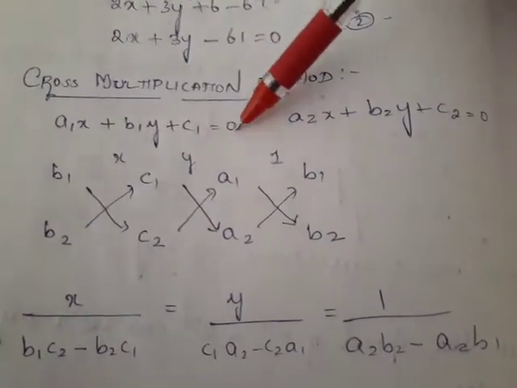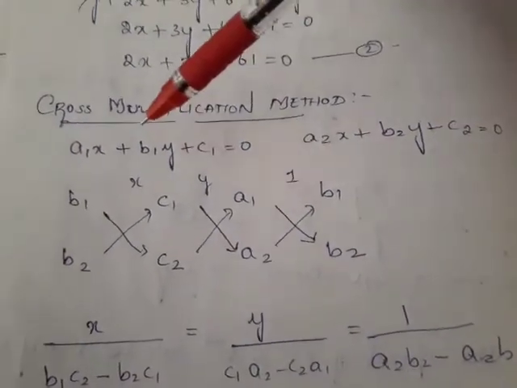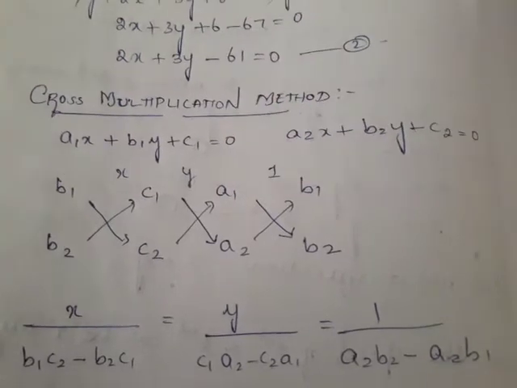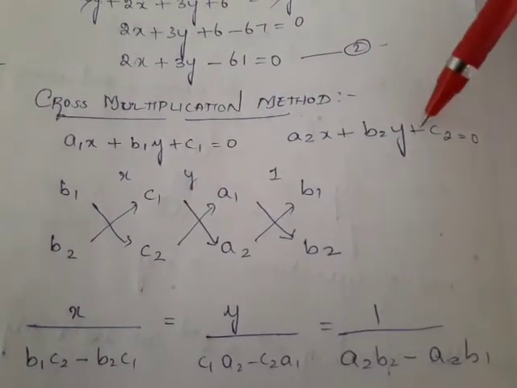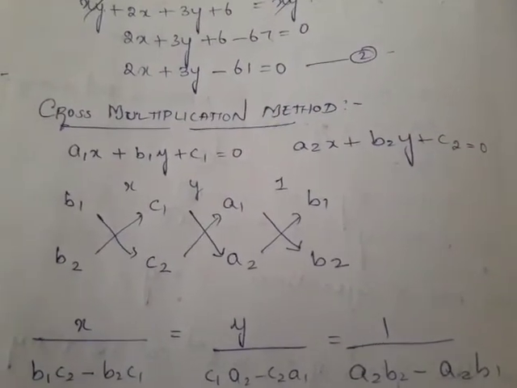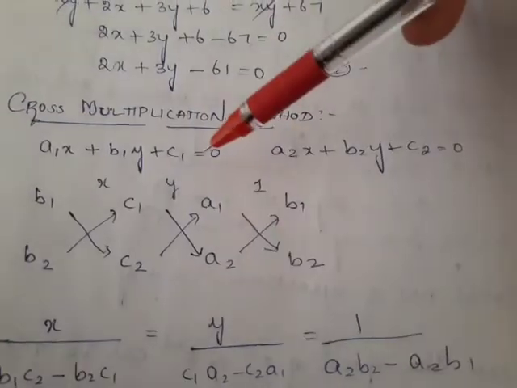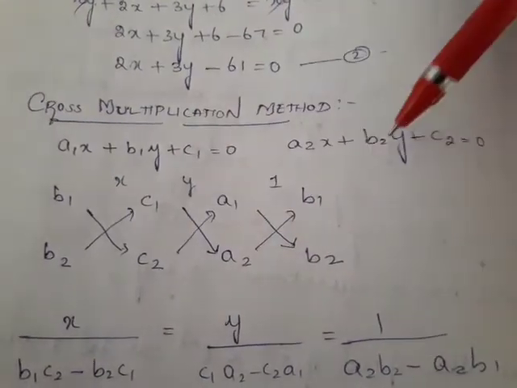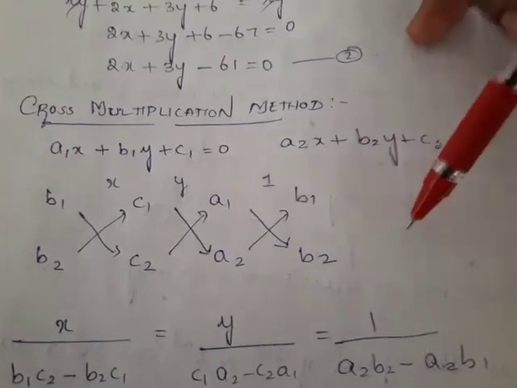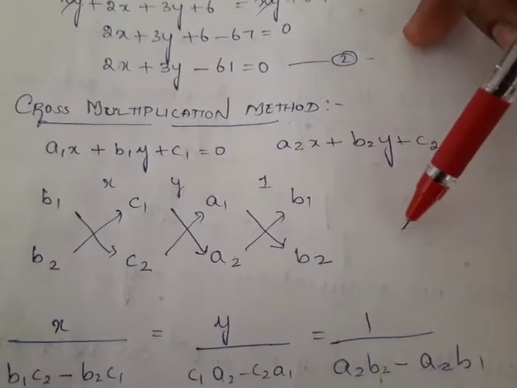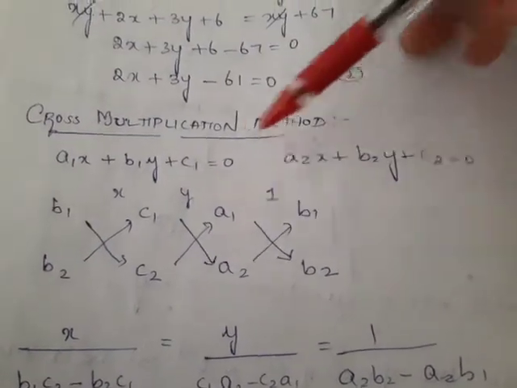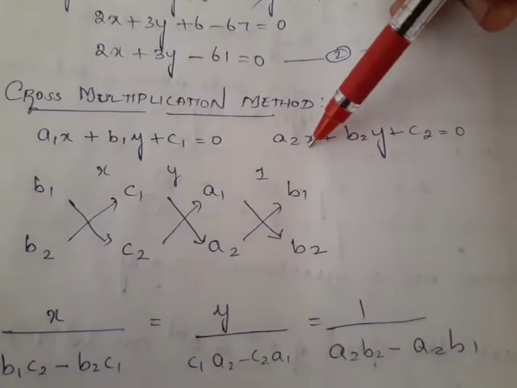So, we are dealing with two equations, a1x plus b1y plus c1 equal to 0, a2x plus b2y plus c2 equal to 0. Here again it is very important that the constants should be written on the left hand side of the equation, then only you won't make any mistake. So first step, you have to write in this standard form, right, then only you can proceed.